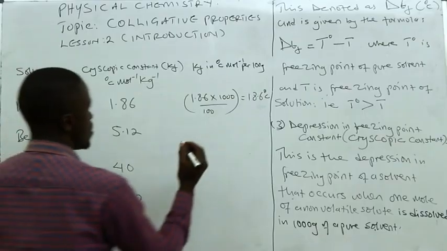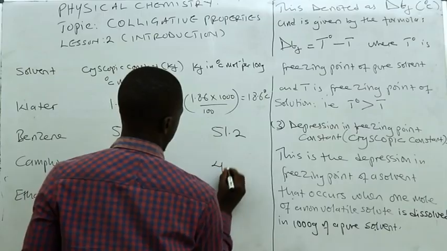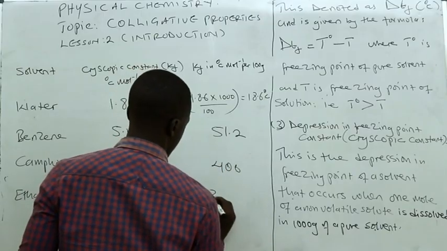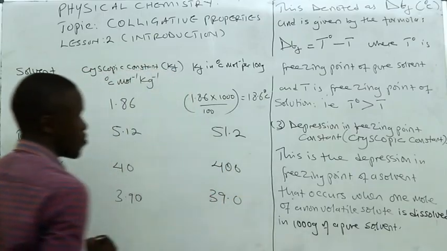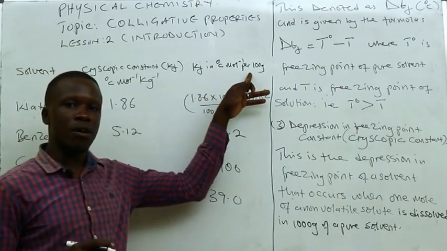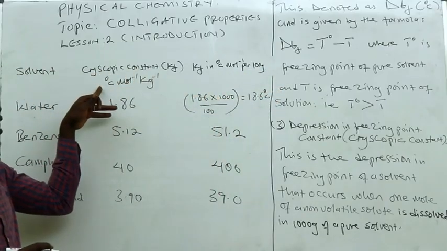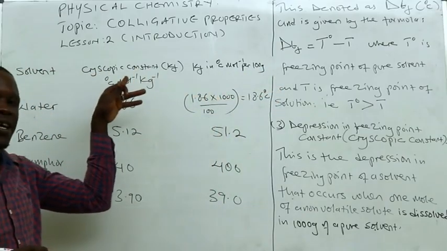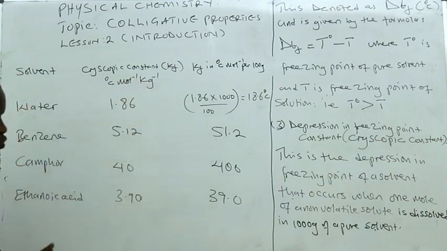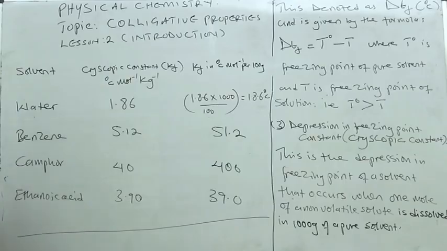So this one would be 51.2. This one will be 400. And this one will be 39.0, per mole per 100 grams. This is per mole per kilogram. So when these values are given, it's very important you pay attention to the units being used.